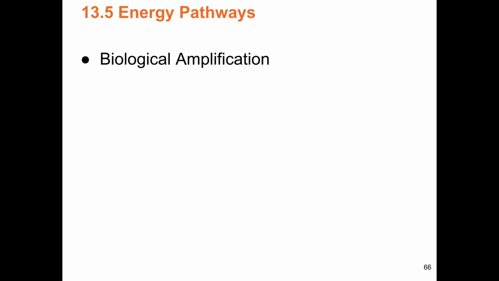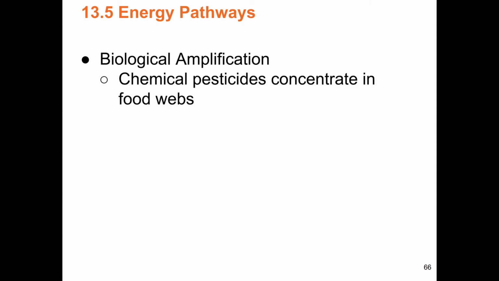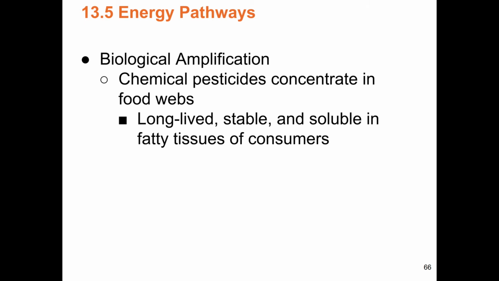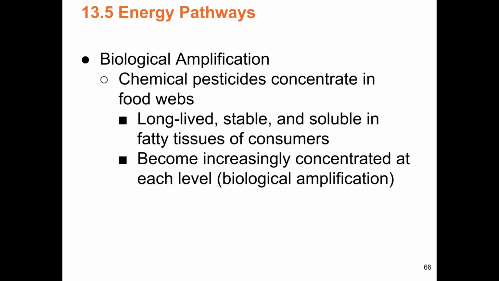There's another important point to this, and that's called biological amplification. So chemical pesticides get concentrated at the top of the food web. Long-lived, stable, soluble in fatty tissues of consumers, those are the characteristics of the pesticides and other chemicals that get amplified in food webs.